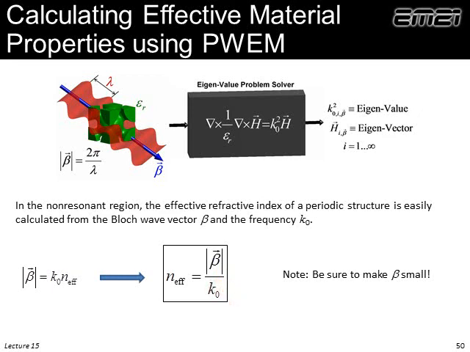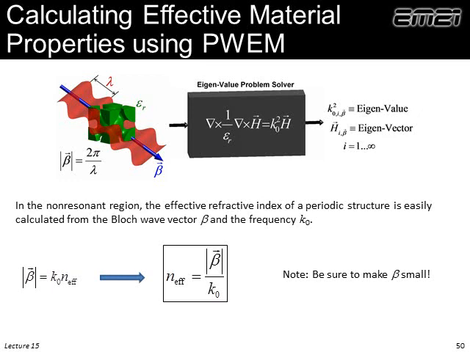Now, in order to circumvent branching, we make our Bloch wave vector very, very small, 0.0001 or something like that, in terms of 2 pi over the lattice constant times 0.0001. When it's that small, we're talking about a Bloch wave whose wavelength is so large relative to the unit cell, it's really just seeing the effective or the average material properties.